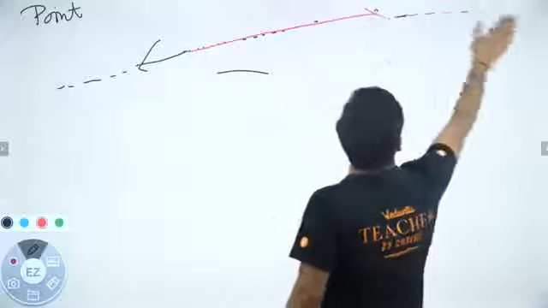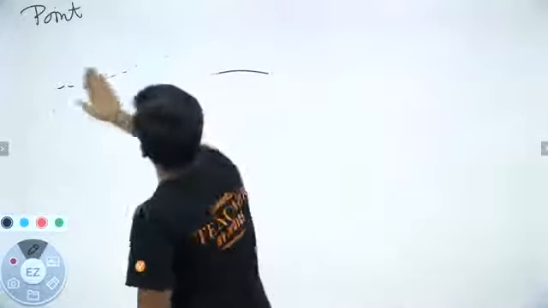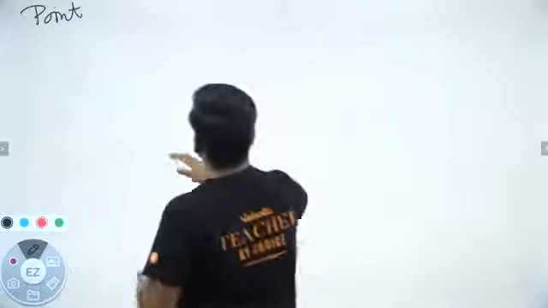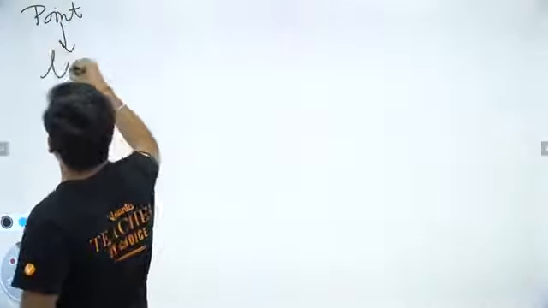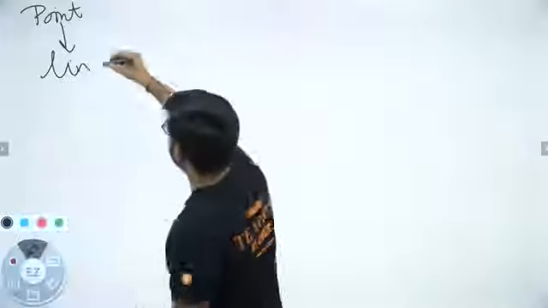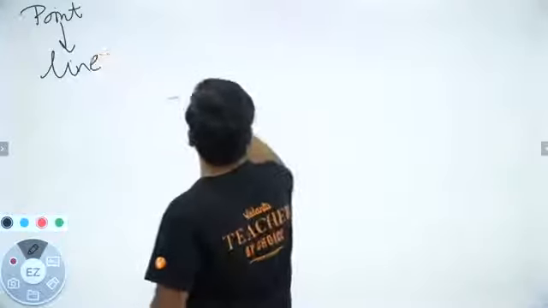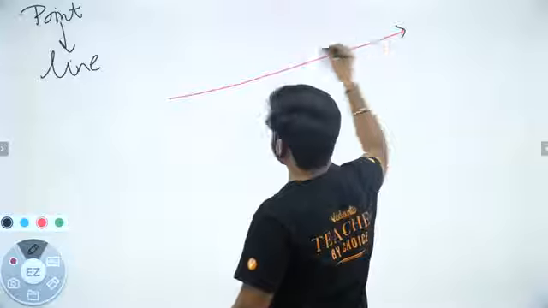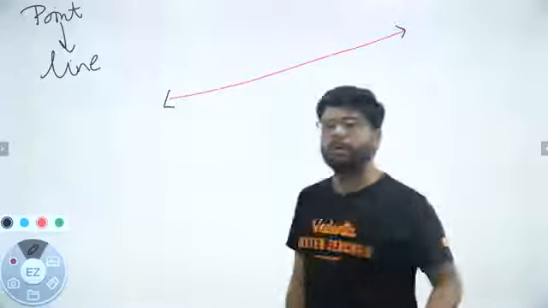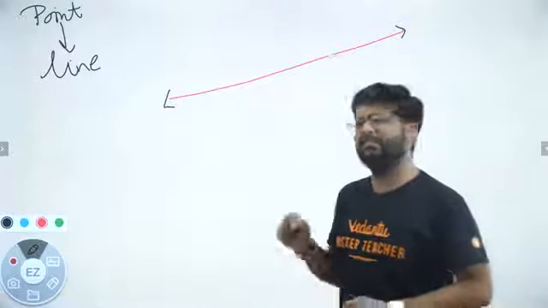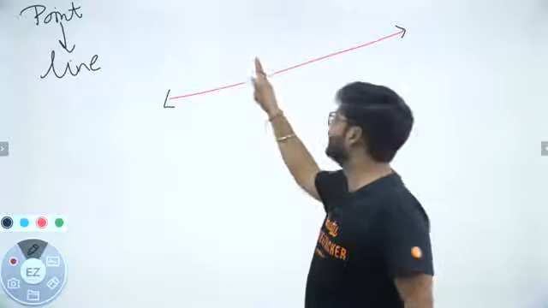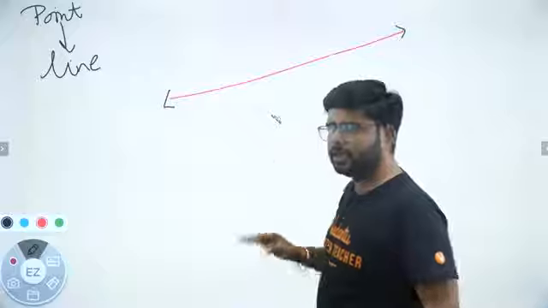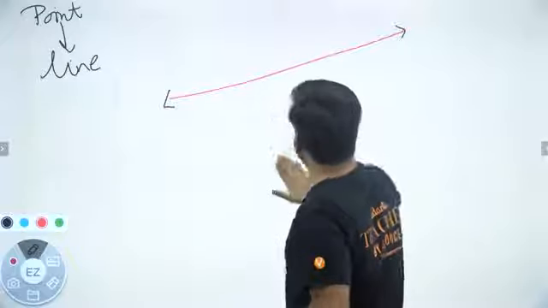Okay, so what have we discussed? We have discussed a point. Now we have discussed a line. So we have got a line like this, right? What would happen if I am in a mood to cut this line like this? I cut it. So now, what will I get?